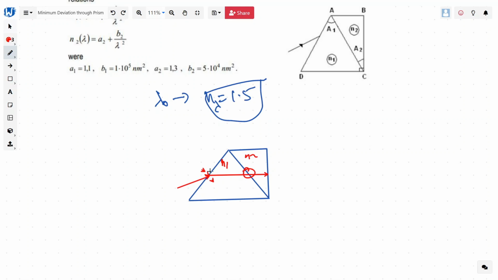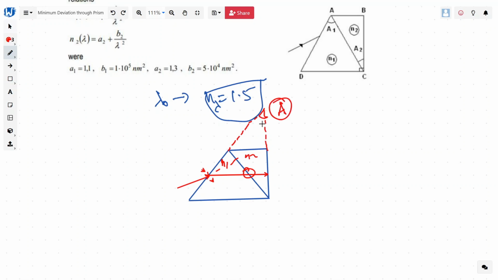Now we have to find the minimum deviation. In that case you can think of this system as a single prism. This is the same glass, so you have a prism like this, and the question reduces to simply finding this apex angle.